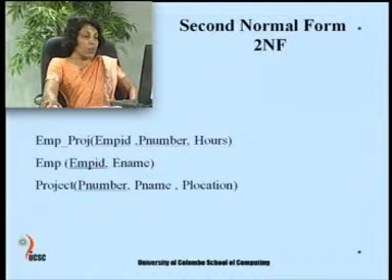Likewise, we create another relation called project, and the two attributes project name and project location are associated with part of the original primary key, that is project number, and for this relation project number would be the primary key. So this is in its second normal form now.